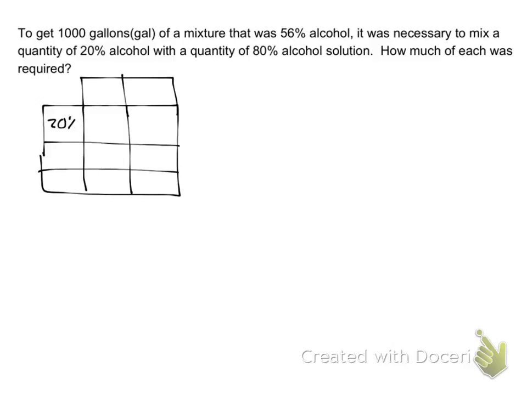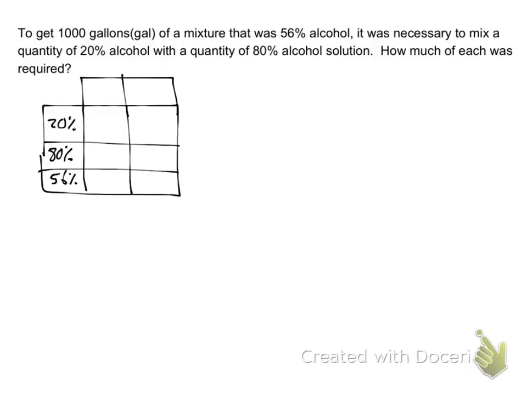20% and 80% to make a 56%. Now, a percentage itself is really nice because I can use it as a label, 20%, but I know deep down inside that 20%, if I ever really wanted to use it, I have to convert it to a what?